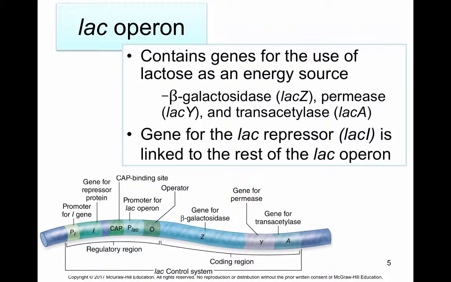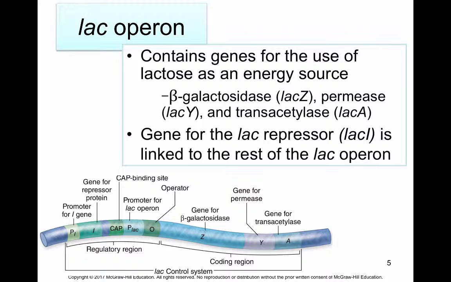Preferentially, our body does use glucose, but lactose is a possibility. And so in order to produce the enzyme lactase, we go through a pathway that produces three different enzymes in the process of creating lactase. So that's what LAC-Z, LAC-Y, and LAC-A represent.